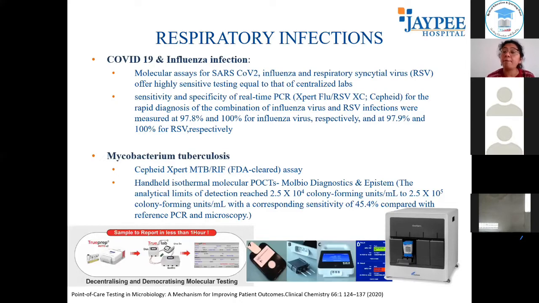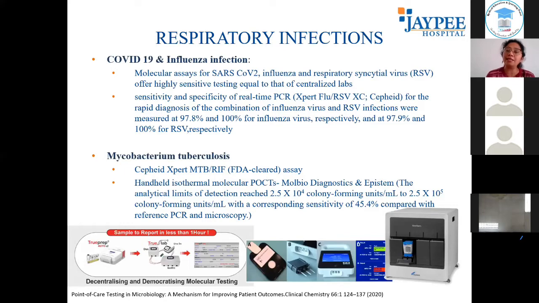In fact, Epistem, another company, had an almost handheld instrument with an isothermal assay, which could detect in fact up to 2.5 × 10^4 colony forming units of mycobacteria, which is a commendable thing for a handheld instrument. But yes, the sensitivity was low, so most of these POCT tests have not been launched completely, especially Epistem, because of the low sensitivity.